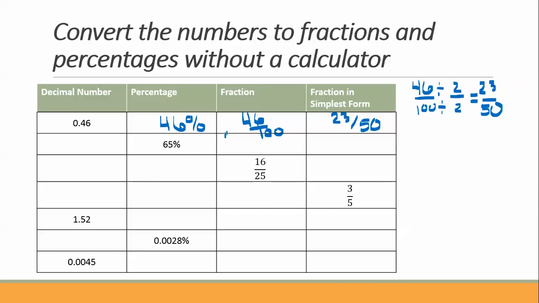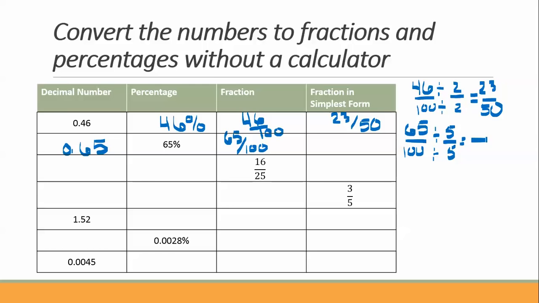65% is 65 over 100. So that we can write as 0.65. To write that as a fraction in simplest form, we have 65 over 100, and each of those can be divided by 5.